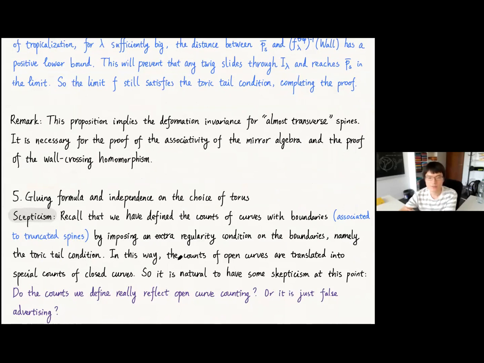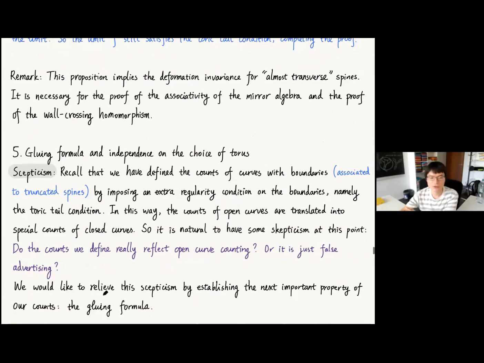In this way, the counts of open curves are translated into special counts of closed curves. So it is natural to have some skepticism at this point. Do the counts we define really reflect open curve counting, or is it just some false advertising? We would like to relieve this skepticism by establishing the next important property of our counts, the gluing formula.